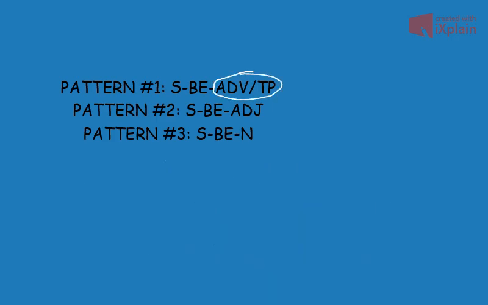In the case of pattern number 1, be is followed by an adverb that indicates the time or place in which something or someone exists. He was here. Here is acting as a place where he was.